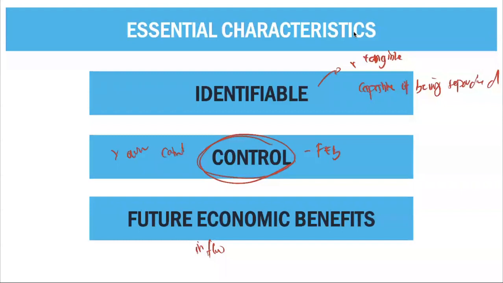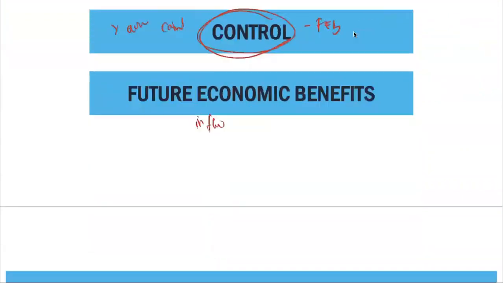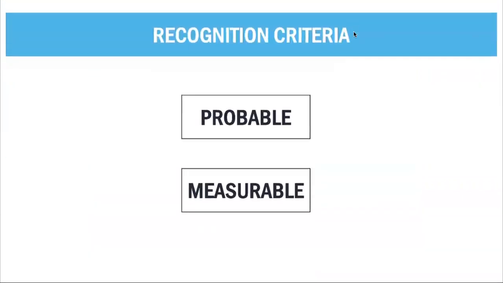So these are the essential characteristics so that we can say we have an intangible asset, aside from the probability criteria. It must be identifiable, capable of being separated. There must be a presence of control, even if you don't own it. If you control the economic benefits, then you have an intangible asset. Further, there must be a future economic benefit. Based on that, we have our recognition criteria.